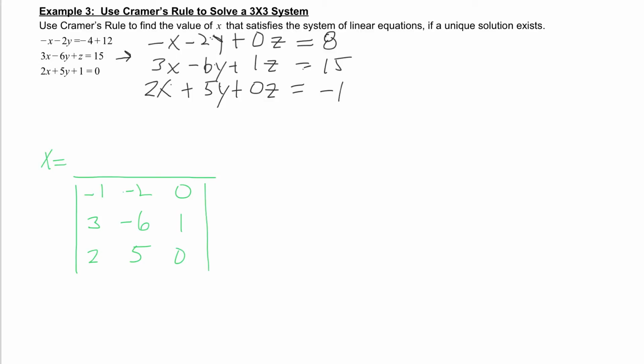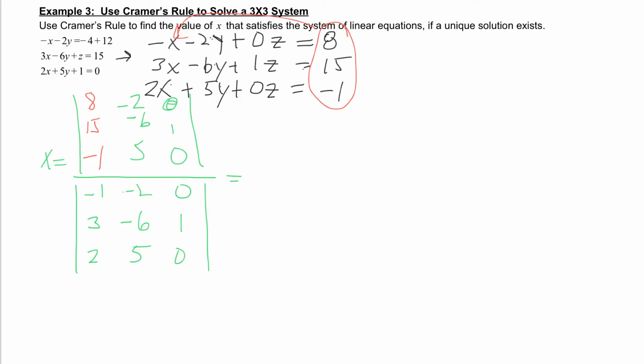And then on the top, I am going to replace my constants right here with where my x's are, over here. So my first column here would be 8, 15, and negative 1. And then the coefficients will stay the same. So I still have negative 2, negative 6, and 5, 0, 1, and 0.